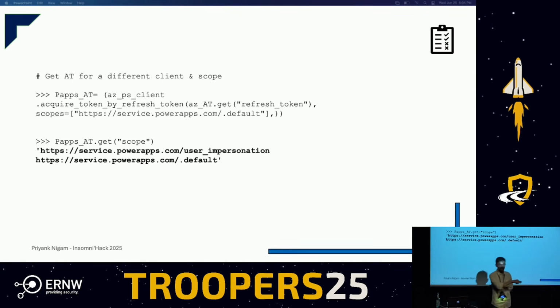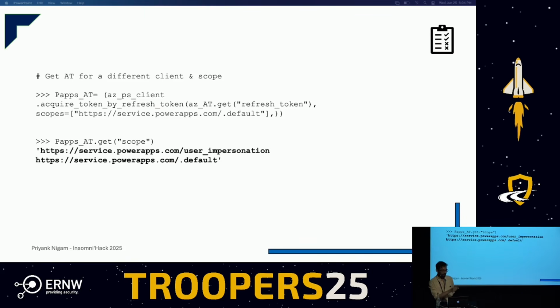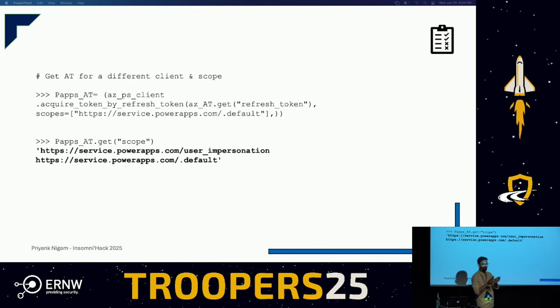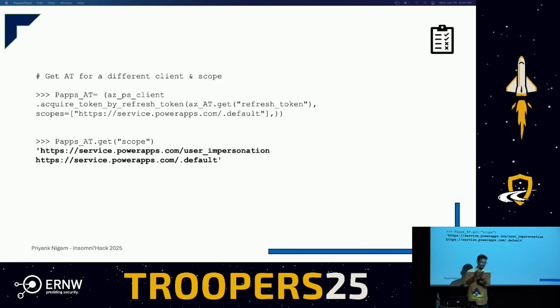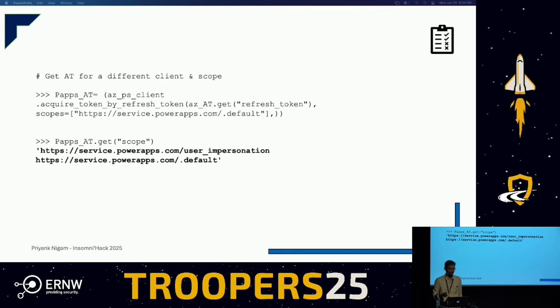So you see how we jumped from one app to another app. That's breaking the two rules of OAuth, right? It has to be scoped to one particular client, and it has to be scoped for one particular application. So you broke that cardinal rule there.